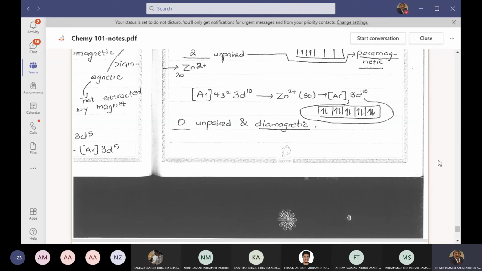So how many electrons remain in 3d? 6. I have 5 boxes, 5 boxes means 1, 1, 1, 1, 1, and the first box will be paired. So how many unpaired electrons? 4. Para or di?